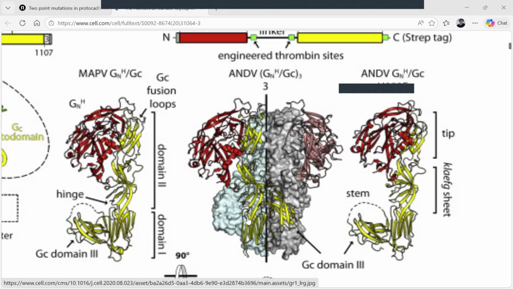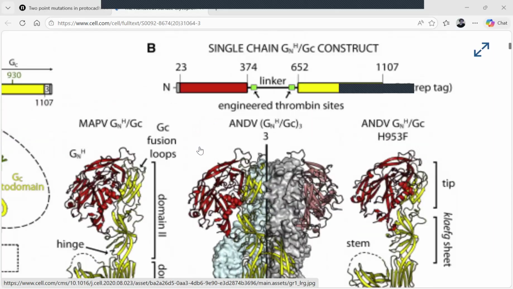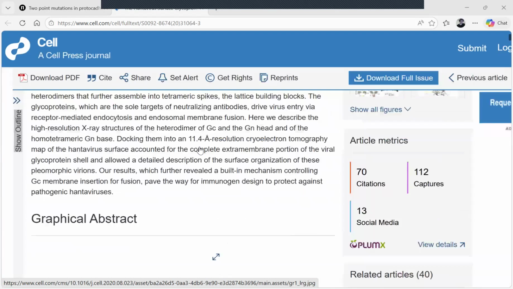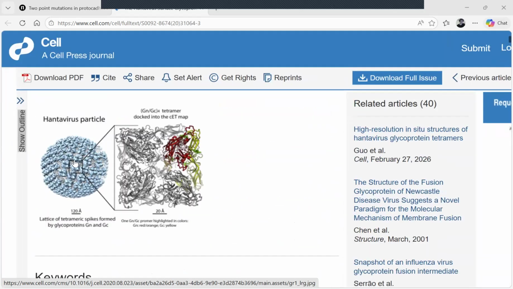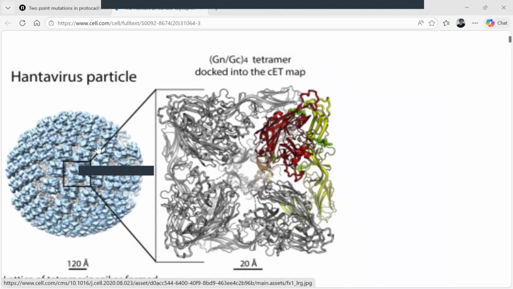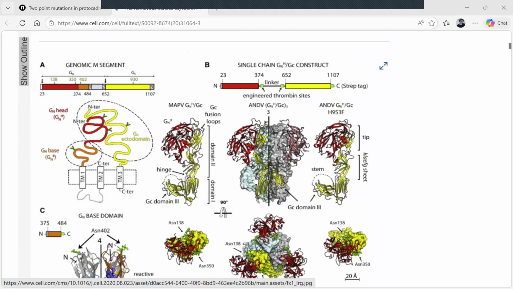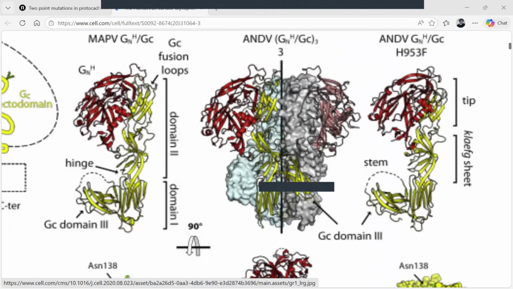stem. We'll call this the stem. All right, and this is poking out of this virus here, of this hantavirus. This is the top view. This is the side view. Okay, so we have the head or the tip, and you have the stem.